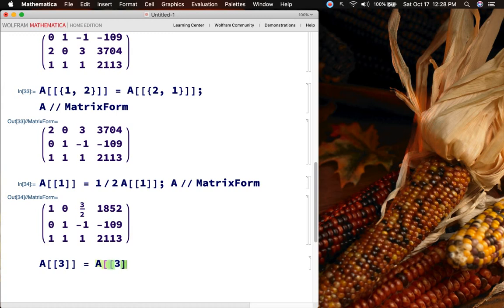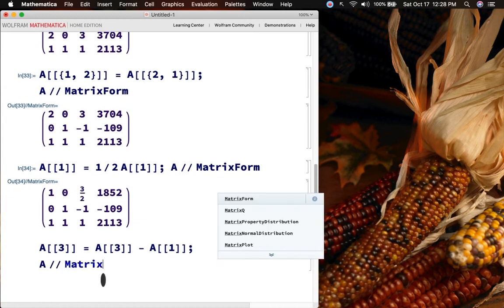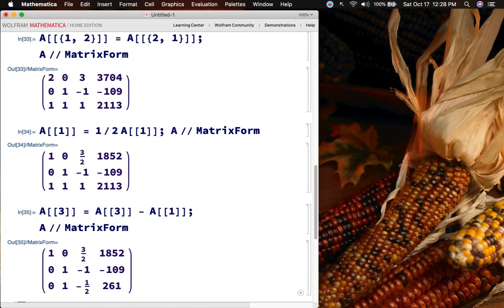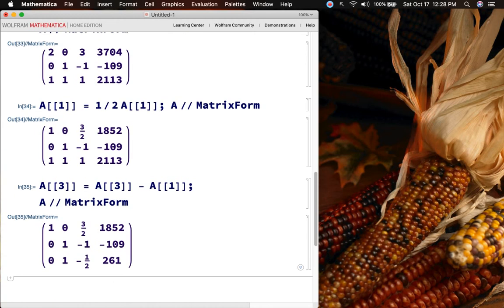So every number in the third row minus the corresponding number in the first row. Okay, so far so good. So the first column is finished.